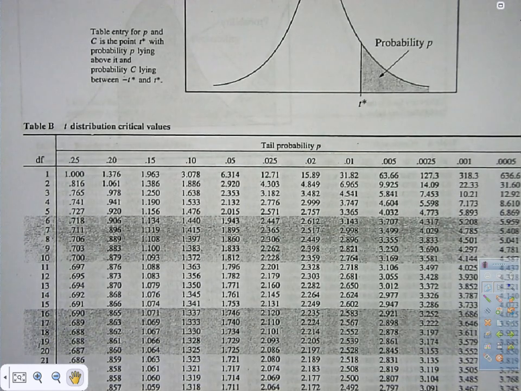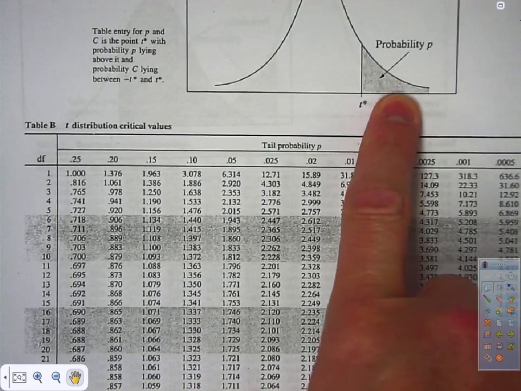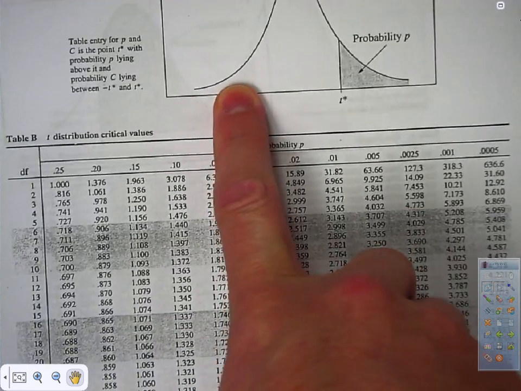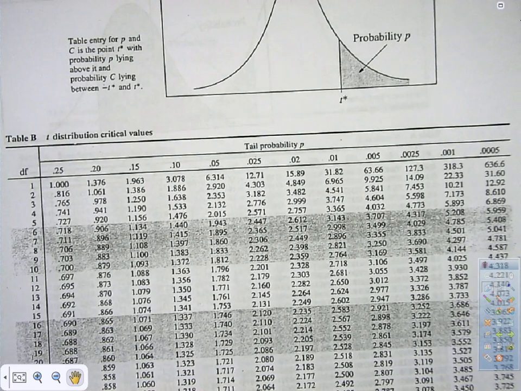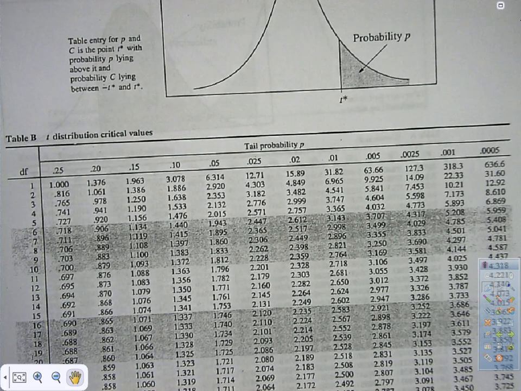And so whatever the upper tail probability is here, the lower tail probability is going to be the same, and vice versa. So if we get a t-value that's negative 0.51, then we can just switch over and use the positive version of that to find our tail probability. And when we have our tail probability, we can go from there.